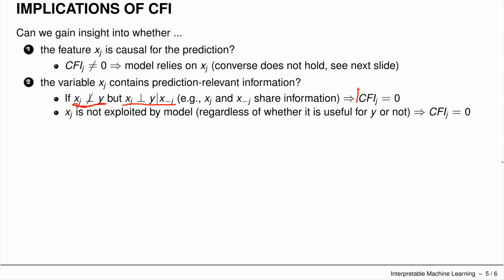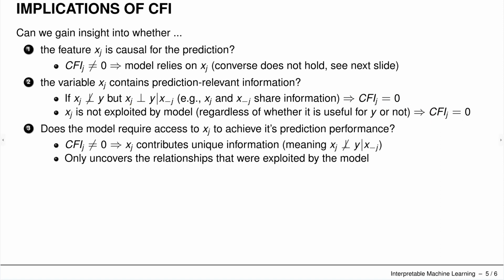That's the case where the PFI would be non-zero, but the CFI is 0. And if x_j is not exploited by the model, then even if it is involving a true target, CFI will always be 0. So that's the entanglement with the model from the previous slide.